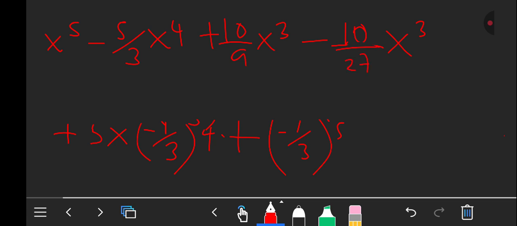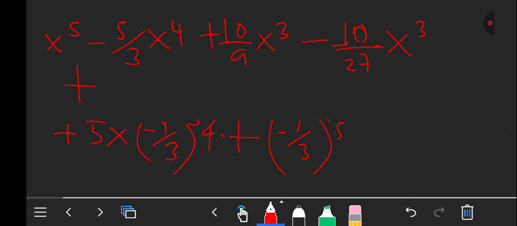Okay, then what I've remained with, then I'll say plus, this is to the power 4.